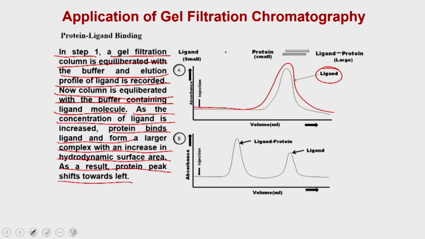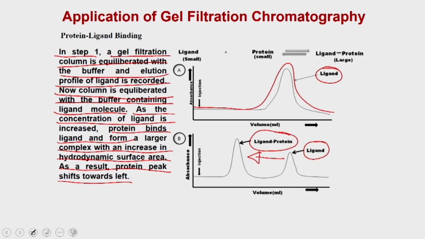So, you can see when you analyze the ligand, it makes a separate peak, but when you resolve the protein on a column which also contains the ligand, the protein forms a complex with the ligand, and that is how the ligand peak shifts towards the protein side.